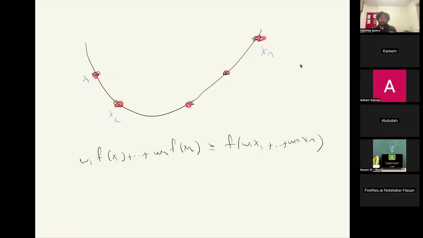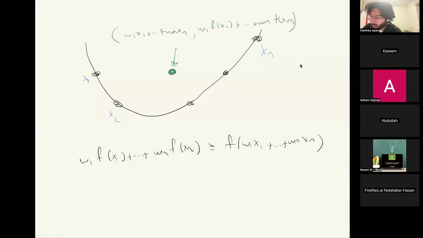If you have a bunch of points and you have weights that add to 1, you can always take a weighted combination. That's some point here. Its x coordinate is W1 x1 all the way to Wn xn, and its y coordinate is W1 f of x1 all the way to Wn f of xn.